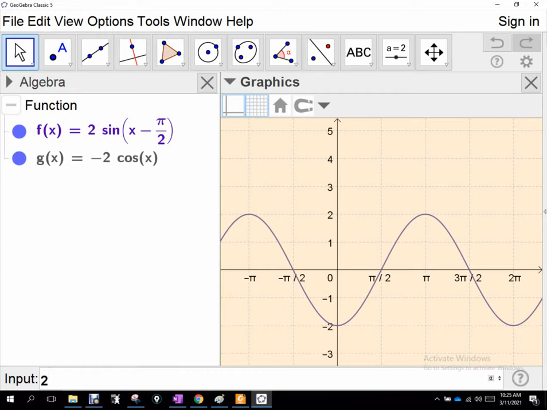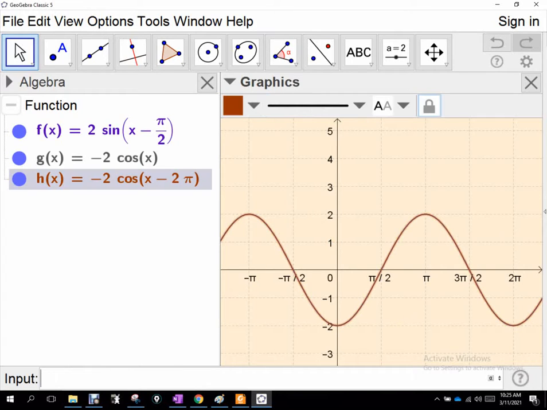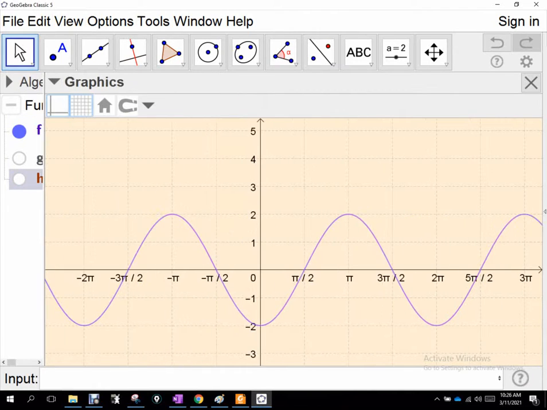I could say negative 2 cosine of x minus 2 pi. There's another one that is the exact same thing as that first one. Does that make sense? Okay. So there's actually an infinite number of ways. When I present you one curve and ask you to write its equation, there's an infinite number of ways of doing that.